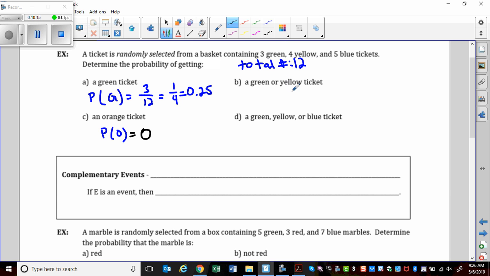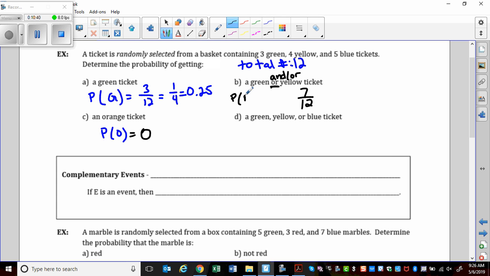Probability of green or yellow. So the mathematical or is the inclusive or, and it means and/or. So we can actually have both. So we're going to have green is 3 and yellow is 4. So this is 7 over 12. I don't think you can simplify this. Maybe make it a decimal.